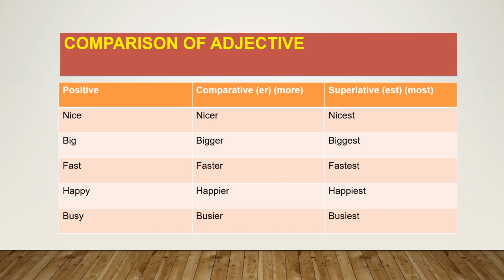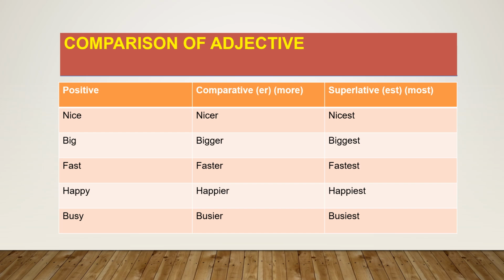So we have here nice. Nice is only a single syllable. We say nicer. Already E is there, so we add R. Nicest. Then big. Notice that in bigger, ER is added by doubling the consonant. G is doubled, two times G. Then biggest, same GGEST.